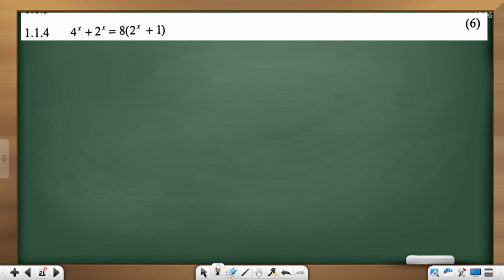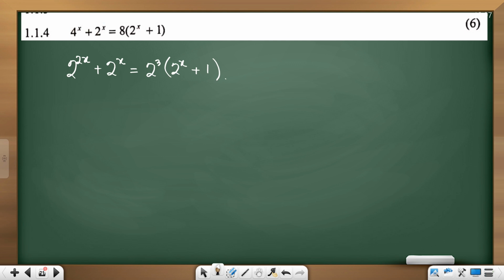So for the first step, I did 2 to the power 2x plus 2 to the power x is equal to 2 to the power 3 bracket 2 to the power of x plus 1. Beautiful.